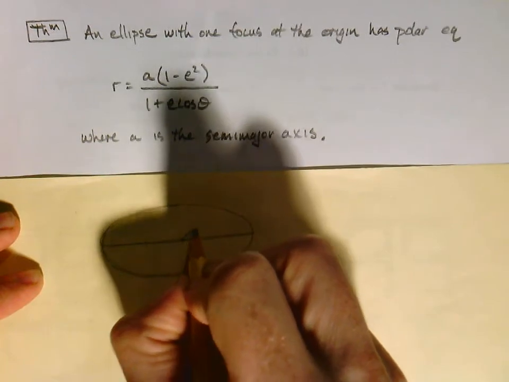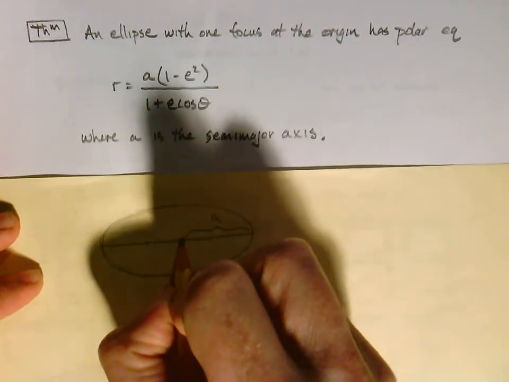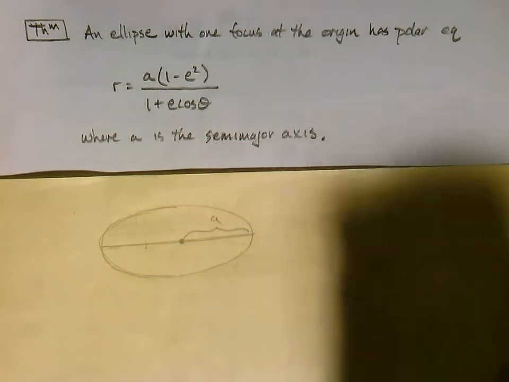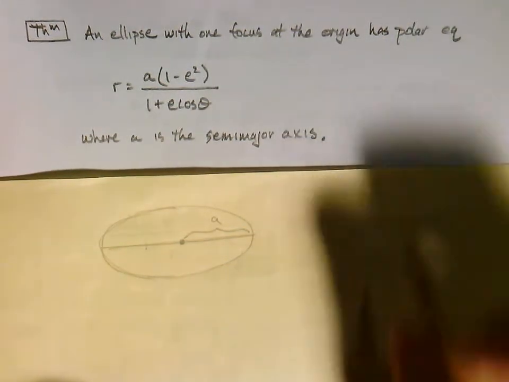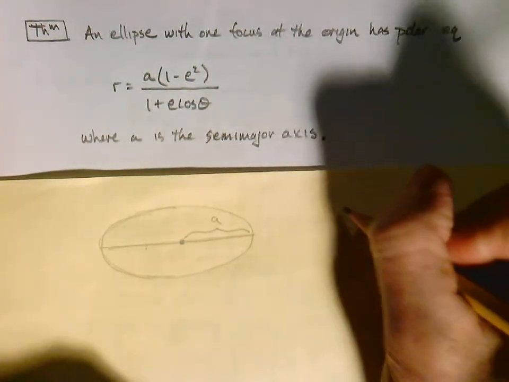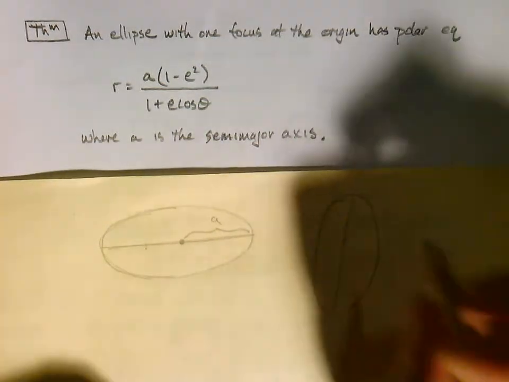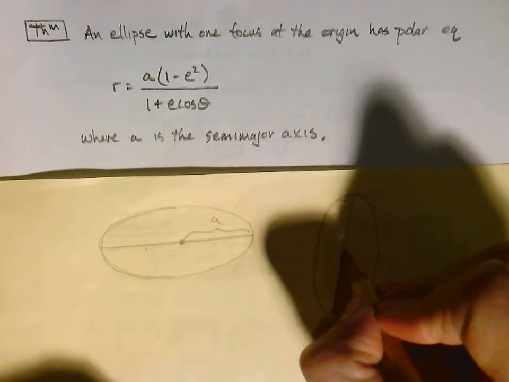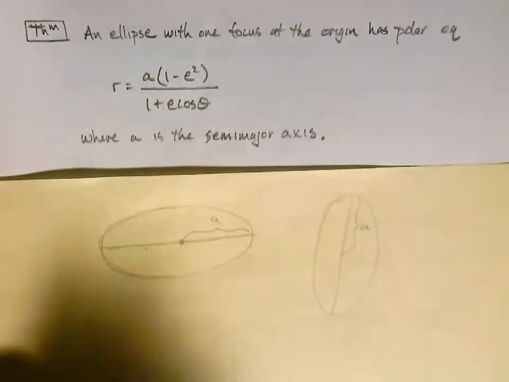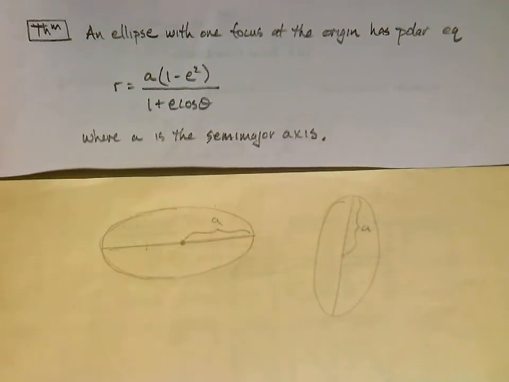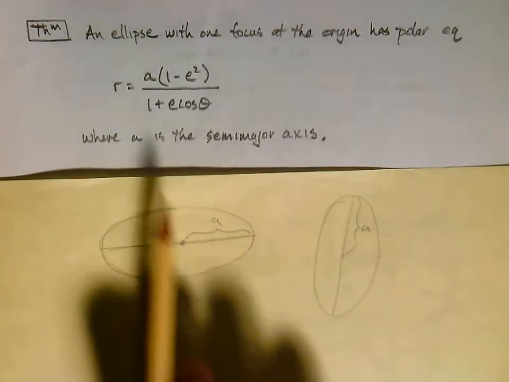The semi-major axis, half of that, is a. Or if it was facing vertically, then again the major axis goes the long direction, so the semi-major axis would be like that. Anyway, this is the cosine version, so it's this direction. That length a we can plug in.